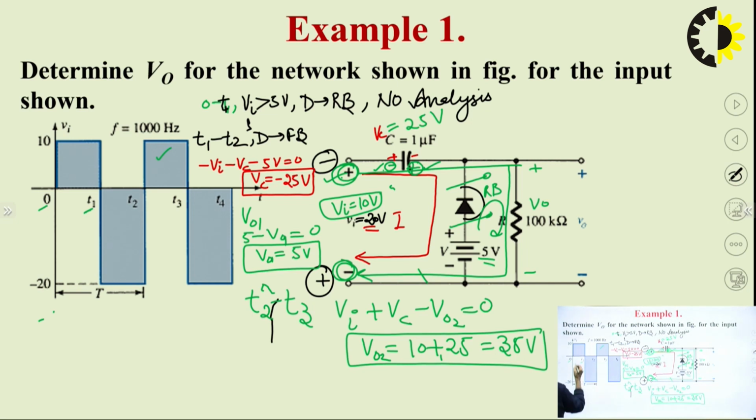During 0 to T1, no analysis. T1 to T2, plus 5 volt. And T2 to T3 it is plus 35 volt.